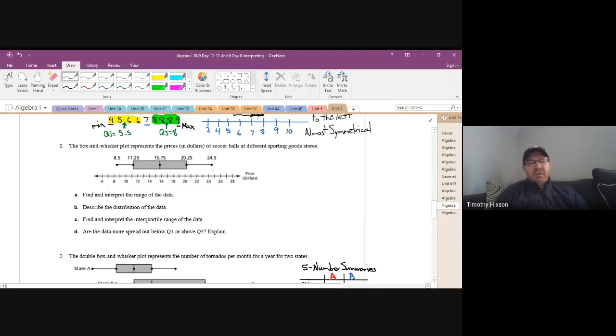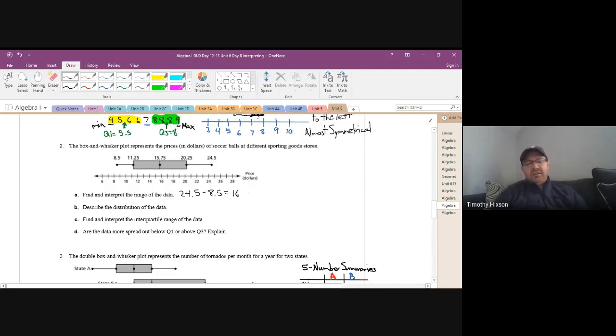The most expensive ball we found was $24.50. So the range is 24.5 minus 8.5, which equals 16.